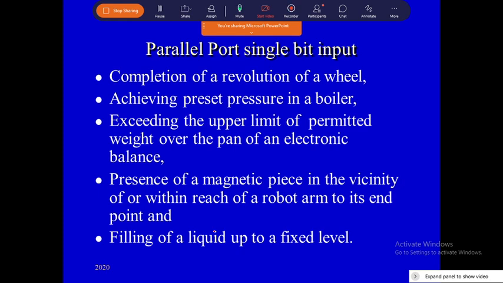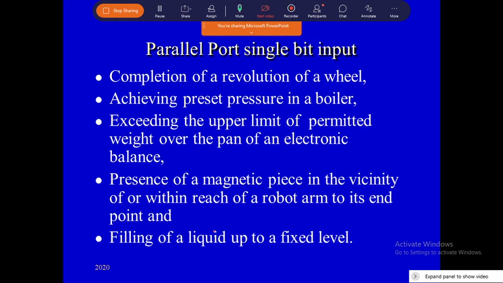Examples: ADC input bits from a liquid level measuring sensor, temperature sensor, pressure sensor, speed sensor, or a DC motor RPM sensor, encoder input for bits for angular position of a rotating shaft or a linear displacement of the object. These are some of the examples of the parallel input port.